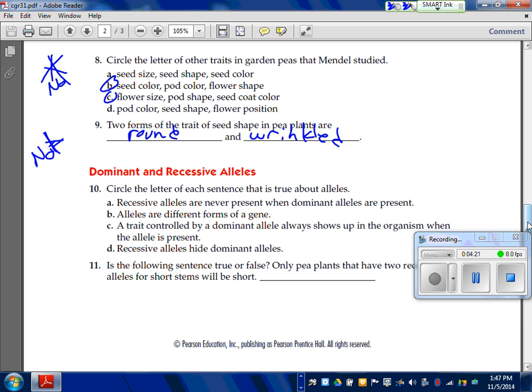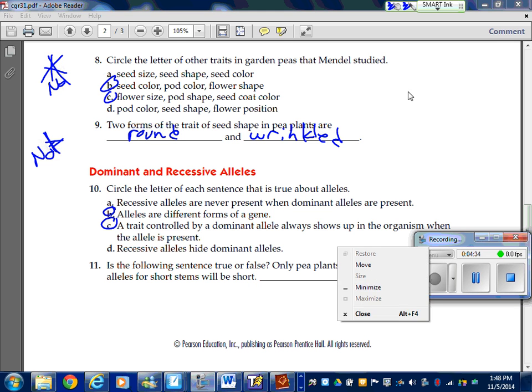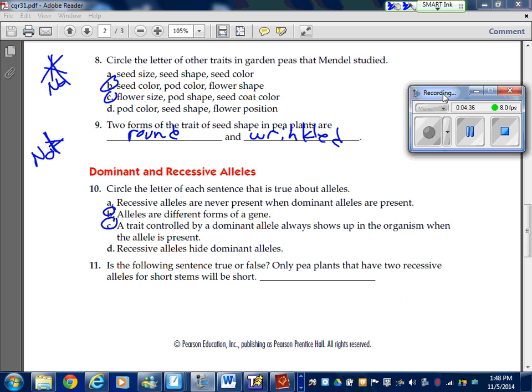Alleles are forms of a gene, and the dominant always shows up if the dominant allele is present. In pea plants, only pea plants with two recessive alleles will show the short trait. True. Right? Yes.